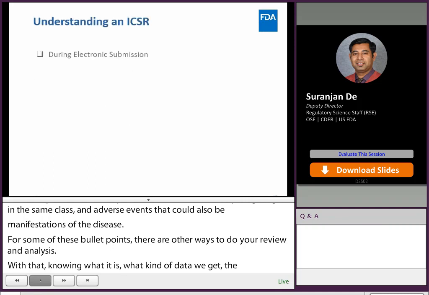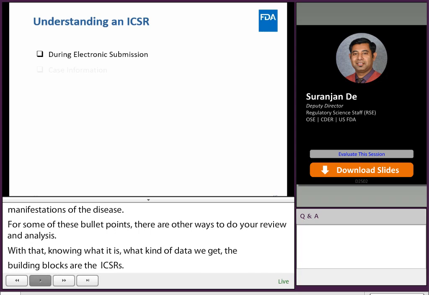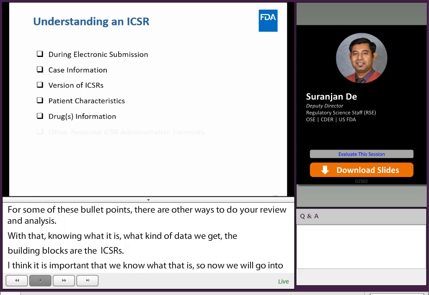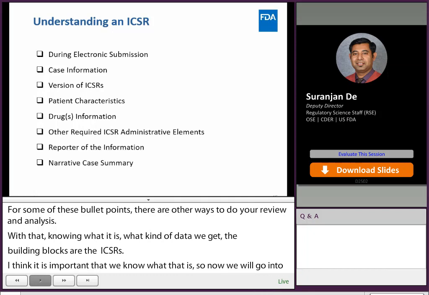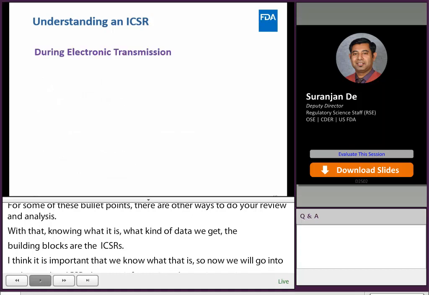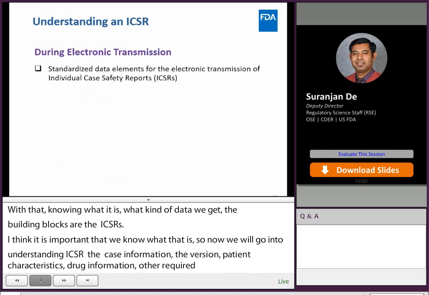The things we will try to understand are the electronic submission of an ICSR, the case information, the version of the ICSR, patient characteristics, drug information, other required administrative information, the reporter, the case summary or narrative, and then we will go into some conclusion. Under electronic submission, you have the standardized data elements, which are very important to have for electronic submission.